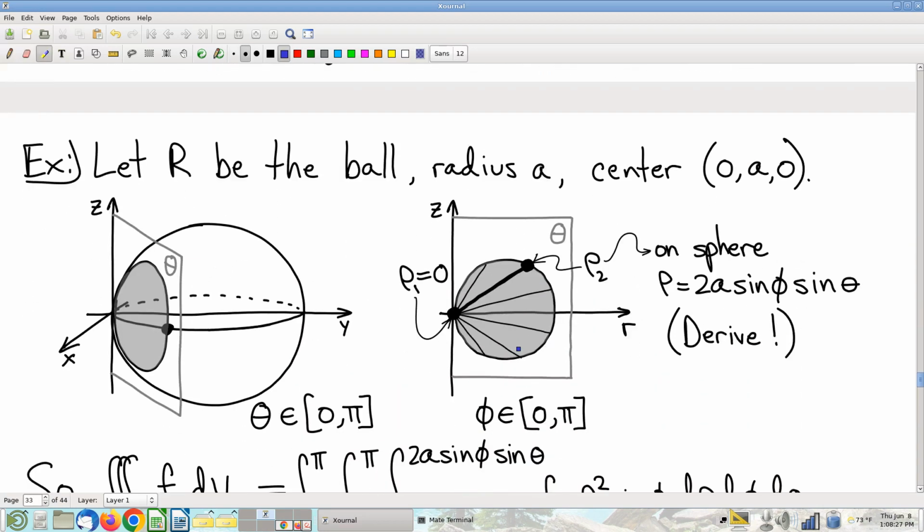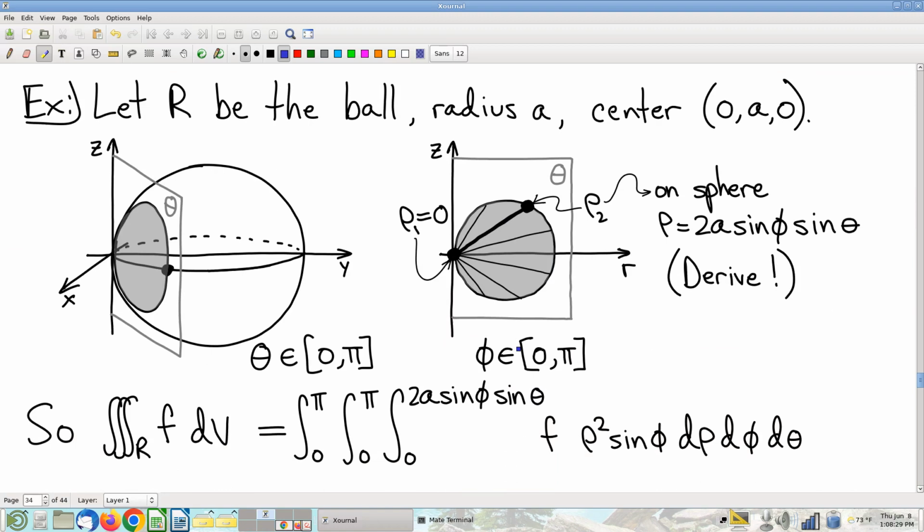Okay, so here's another example. This time we have another ball, radius A, this time centered over here on the y-axis. So this changes things pretty significantly, as it turns out.